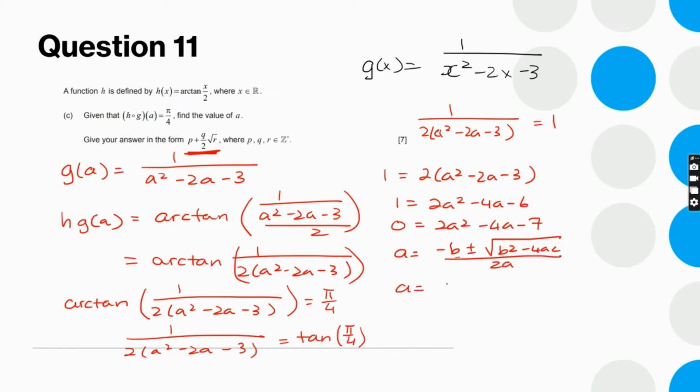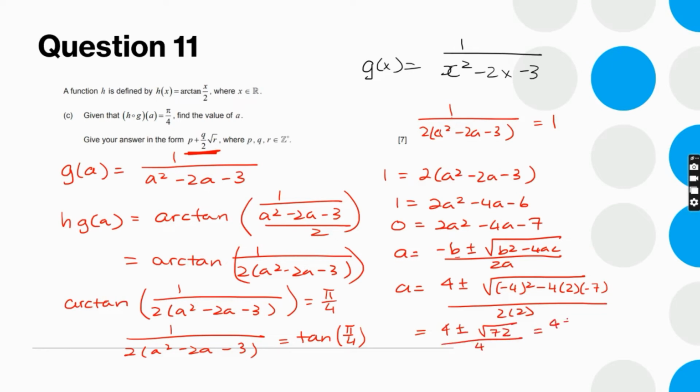So b here would be negative 4, giving 4 plus minus square root of negative 4 squared minus 4 times 2 times negative 8, over 2 times 2, which is 4 plus minus square root 72 over 4. Okay, and I try to break 72 up into a perfect square. So 72 is 36 times 2.